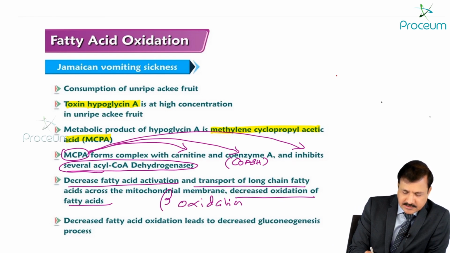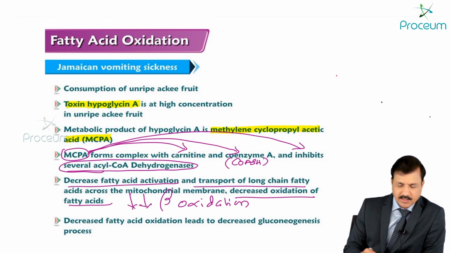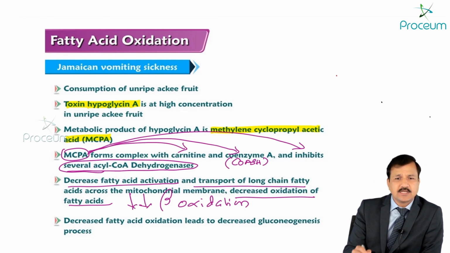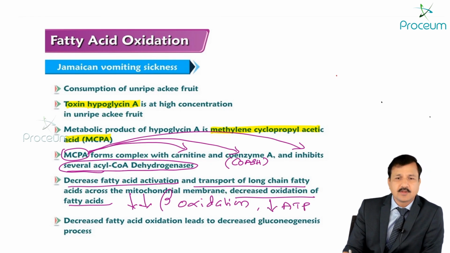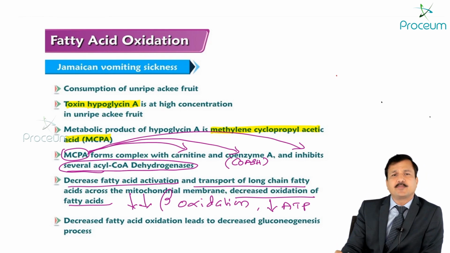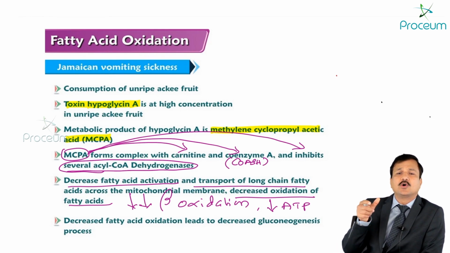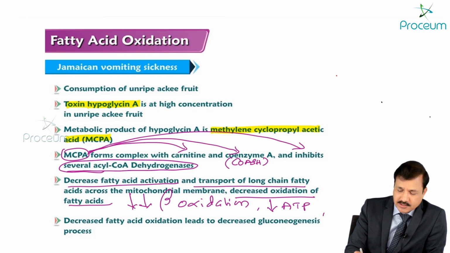That will lead to a decrease in ATP formation, and when there is a decrease in ATP formation, some of the processes that are dependent on ATP, like gluconeogenesis, will decrease. That's what I have written here.